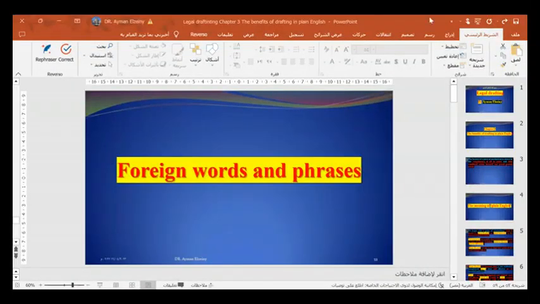So, as we said a few minutes ago, drafters themselves may only half understand them. For example, "in the interim" means for the time being, or said of something which suffices for now but may be replaced by something better.